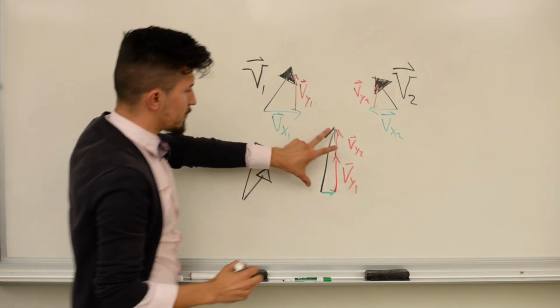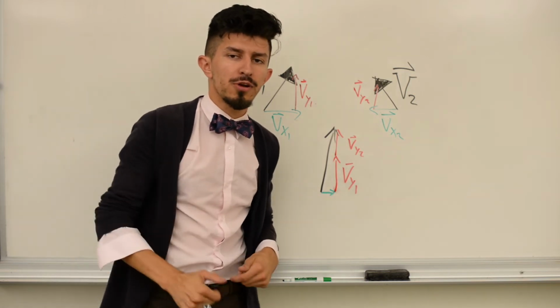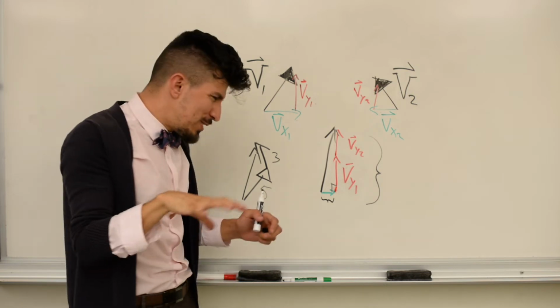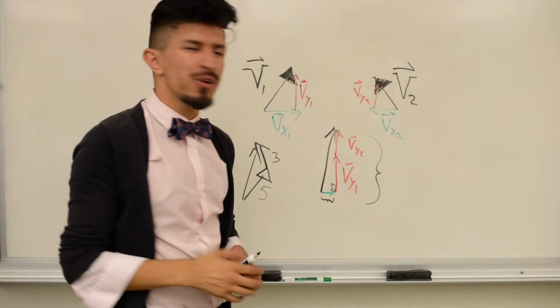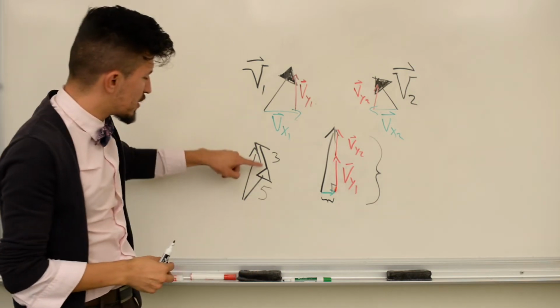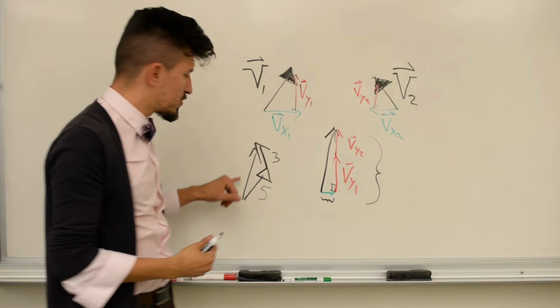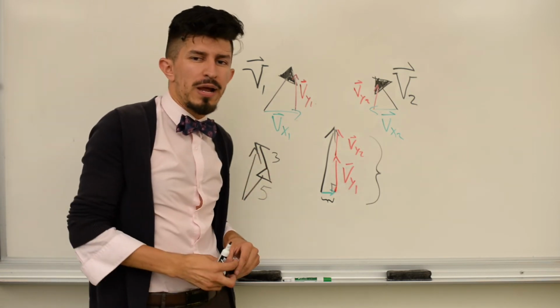The same vector, same magnitude, direction. Why do we need to break vectors into their components? And this is what really gets me, like the beauty of math. The reason why we break vectors into their components is because we don't want to end up with something that's not a right triangle. We don't really have any formulations to solve for an unknown value on something that isn't a right triangle.